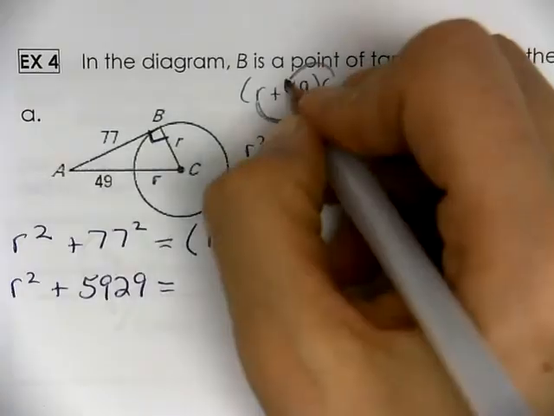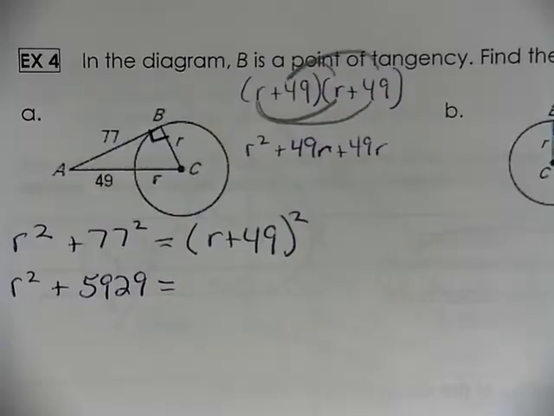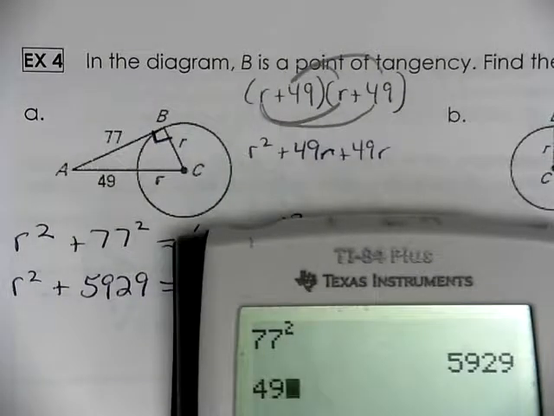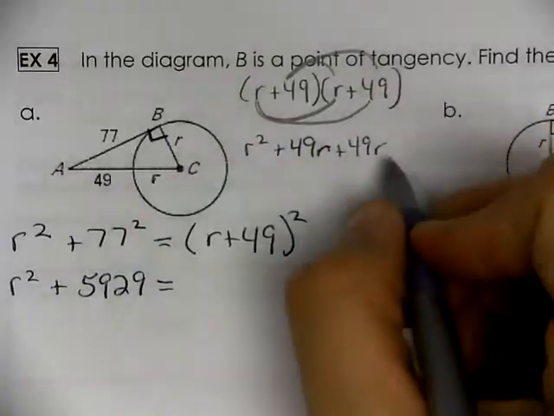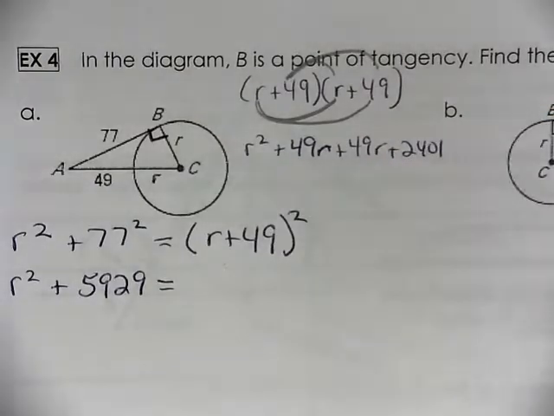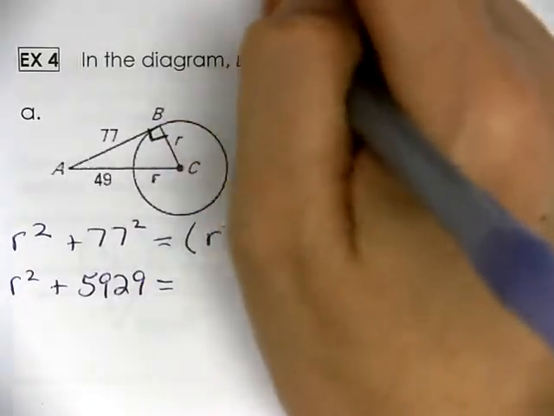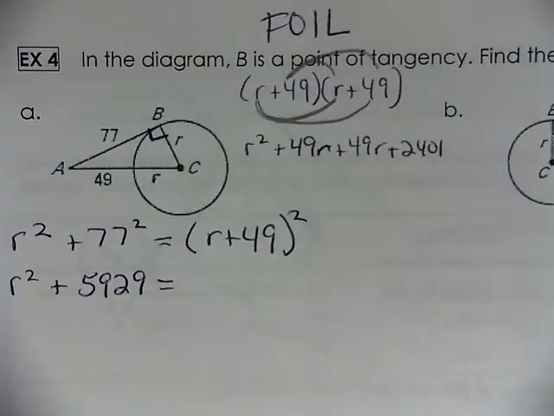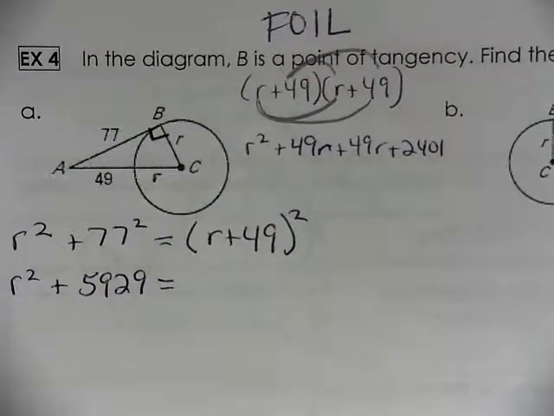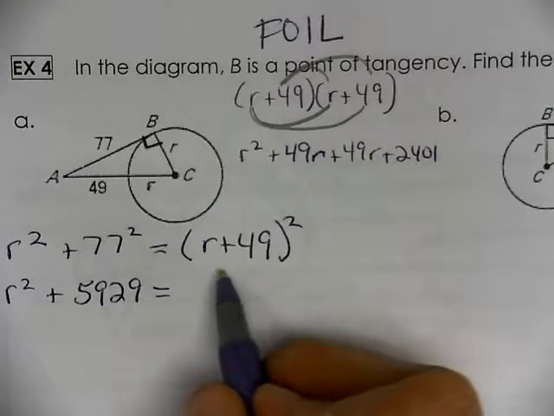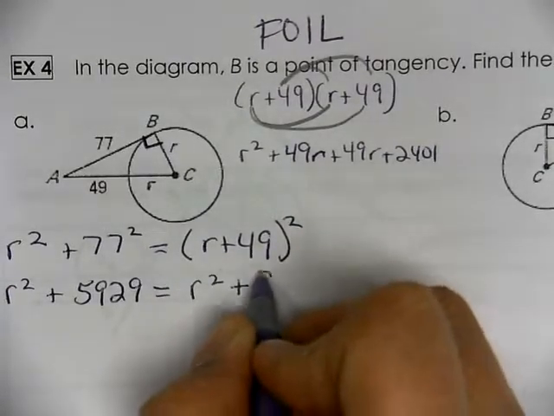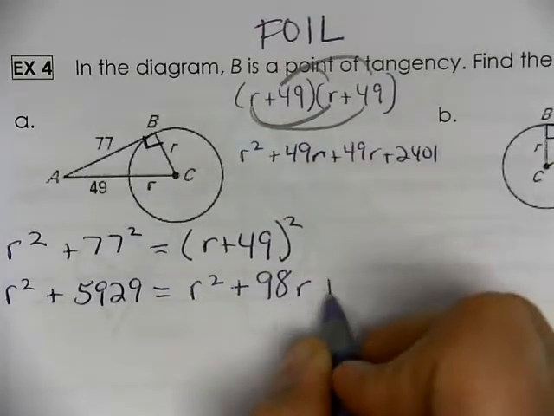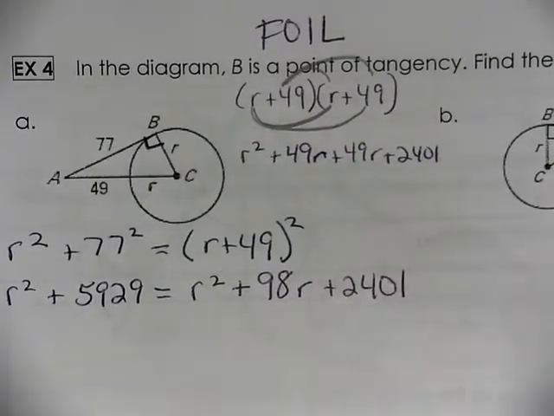Then we do the last. 49 times 49 is 2,401. So you have to FOIL: first, outside, inside, last. So this turns into R squared plus 98R plus 2,401.